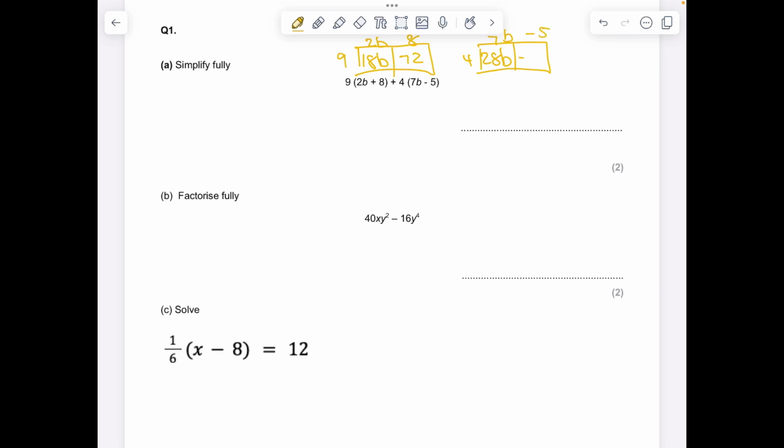Remember, it's minus, so we've got to be careful, which is minus 20. I put together my b's, so 18b plus 28b is 46b. And then 72 take away 20 is positive 52. So your answer is 46b plus 52.